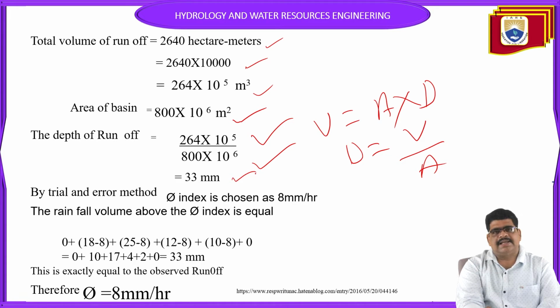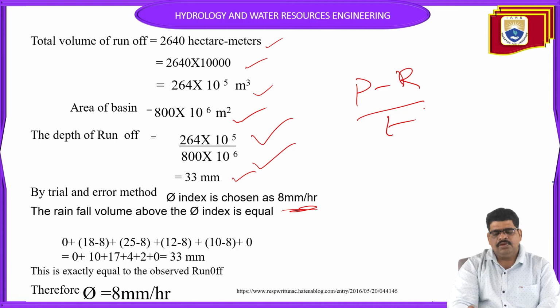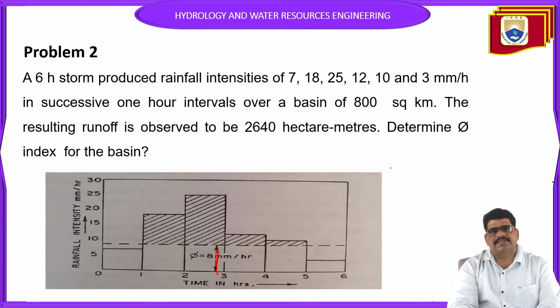So by trial and error method, the Phi index is chosen, say 8 mm per hour. We have to assume and find the total rainfall excess. By trial and error, let us apply the formula. In the Phi index, we use P minus R by T, where P is the rainfall intensity.